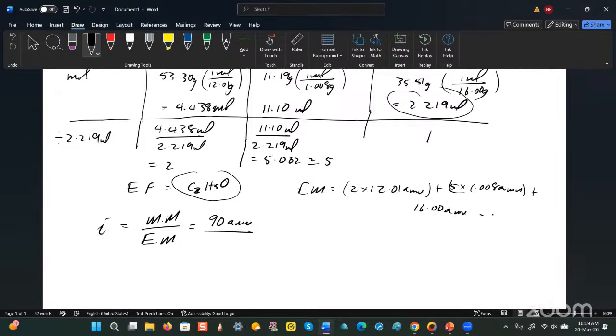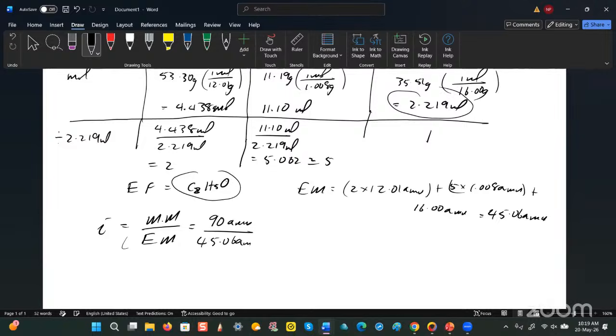So let's see what that gives. That gives, according to my calculations, 45.06 AMU. So we're going to take that value and put it down here.